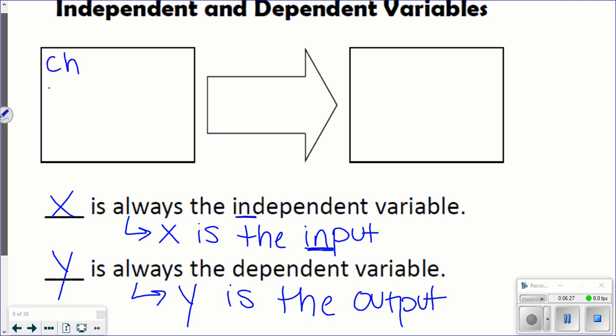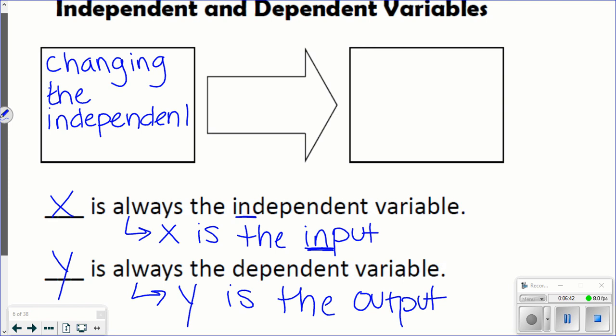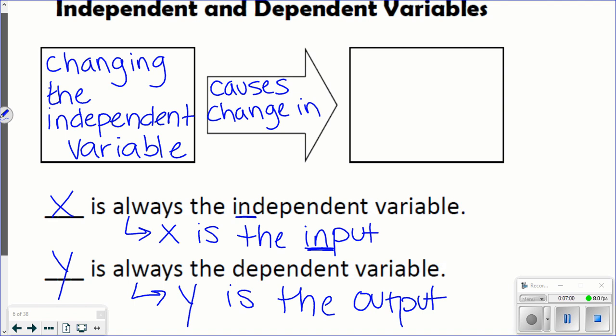So changing the independent variable causes change in the dependent variable.